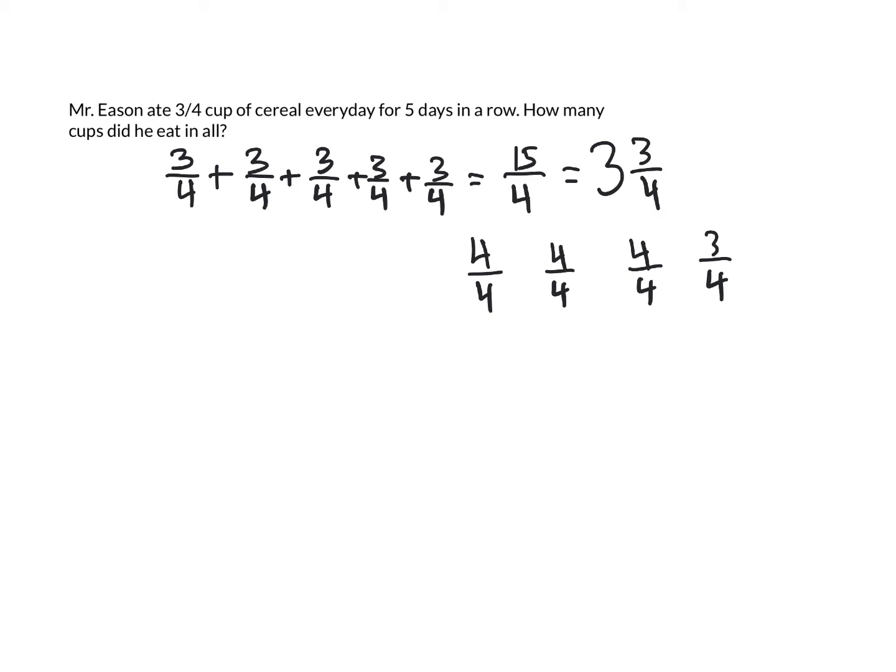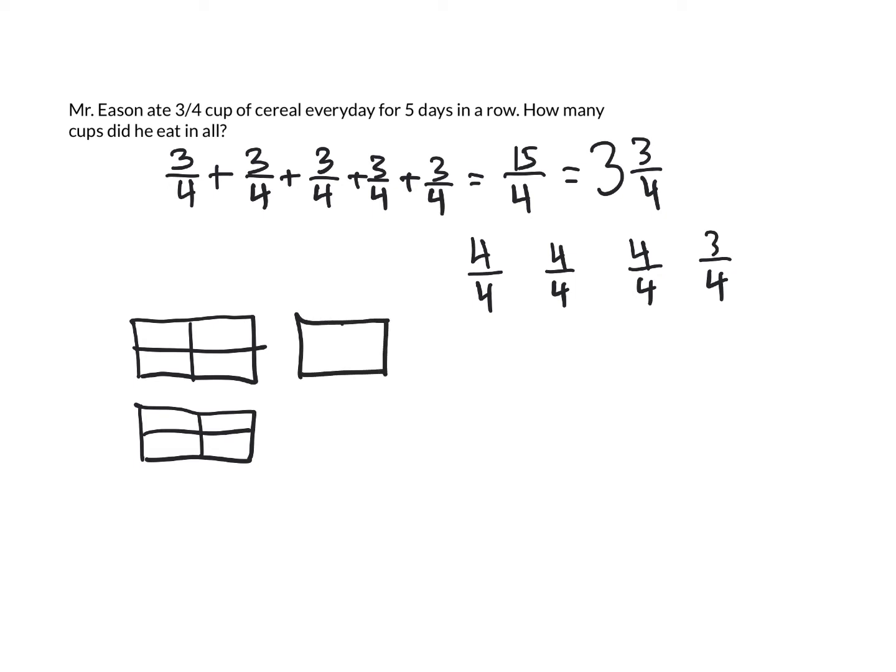You might also draw a model, and you're going to need a few different sets of wholes split into fourths. And so all we do now is shade in 3 pieces: 1, 2, 3.